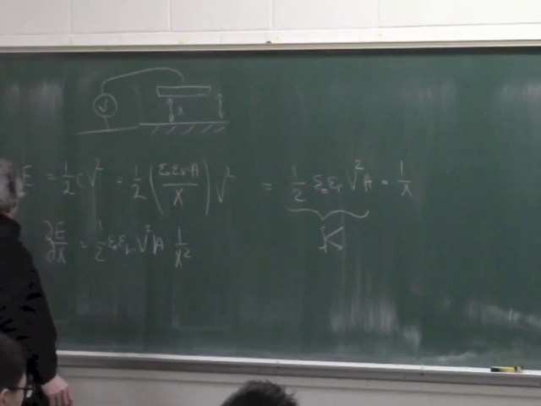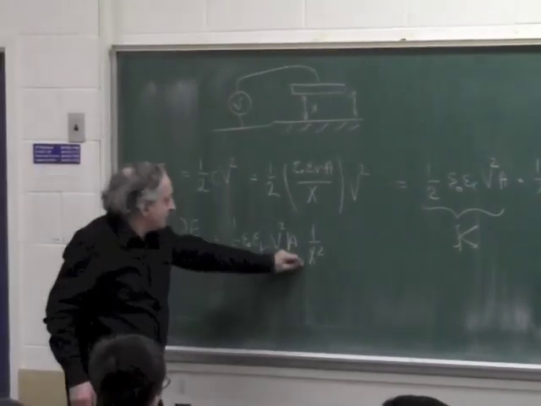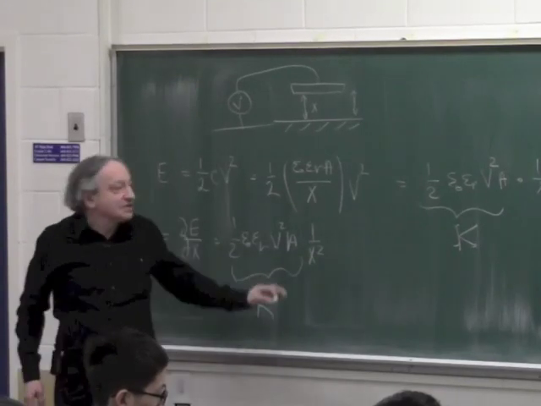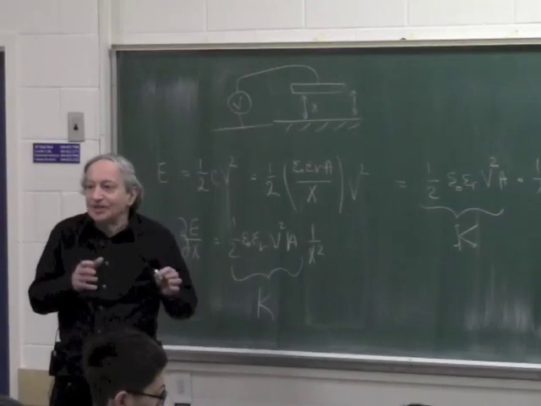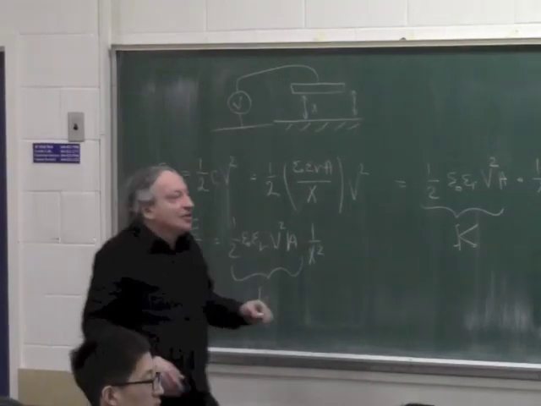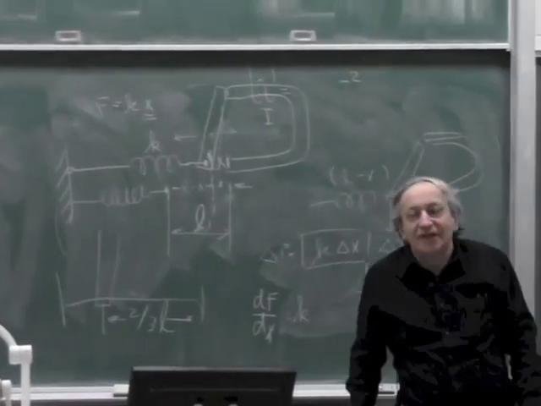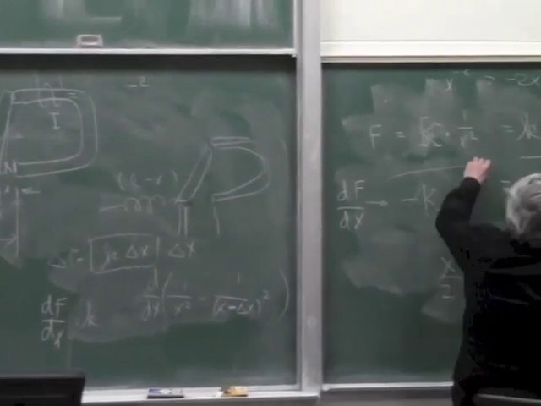F, which is d energy to dx, is a constant times 1/x². So both actuators have actually the same formula, some kind of constant times 1/x². So this derivation is valid not just for moving coil, moving iron, but it's valid for any actuator which has this formula.